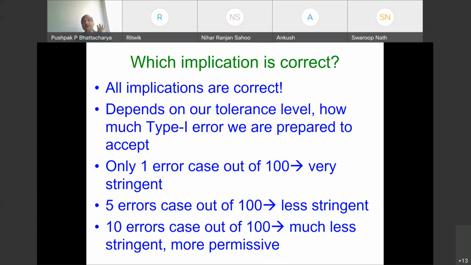So can I reject or can I accept the hypothesis? Just based on the data, you cannot make this decision. It also depends on how much error you are prepared to tolerate. You see, data and your tolerance level or the confidence interval that you are prepared to accept.